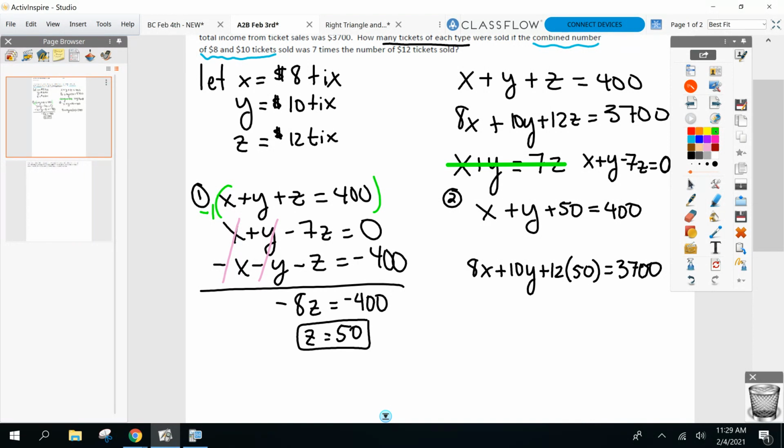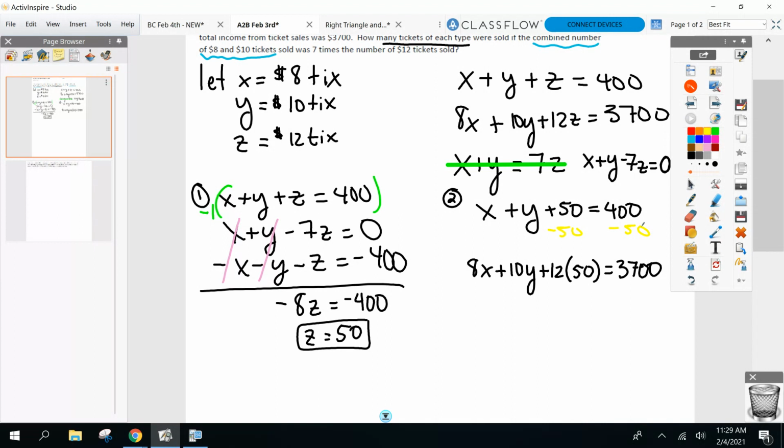Can we get the X's and the Y's by themselves, please? Can you guys move the 50 over and then whatever 12 times 50 is, move it over for me? You just want the X's and the Y's all on their own now. So move over the 50. And then what's this, 12 times 50? Yeah, 600.